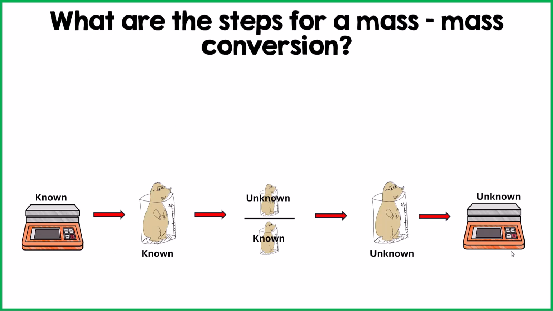What are the steps then for a mass to mass conversion? So we did this portion in the previous question. Now we're going to convert from moles of the unknown substance to mass of the unknown substance. So this is really a situation that you would use if you were doing experimental chemistry. This is the most practical.